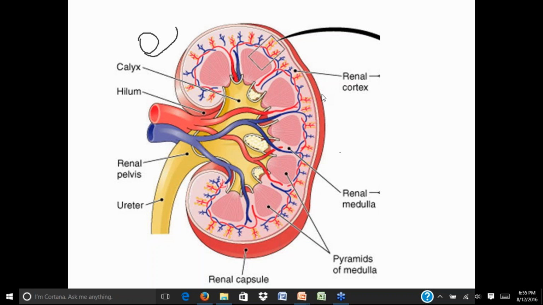So if you have a stone here blocking completely the exit of the urine, the urine keeps coming and keeps draining into the pelvis. This obstruction is going to accumulate fluid more and more, and there is so much pressure that, besides that, the capsule does not allow the kidney to distend.